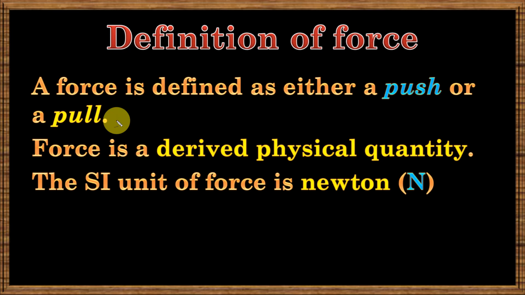Usually you are asked to state the SI unit of force. You'll go ahead and say that the SI unit of force is Newton. If asked to write the unit as a complete word, then you will write it like this. But if asked to abbreviate, then you will write the abbreviation with uppercase N.